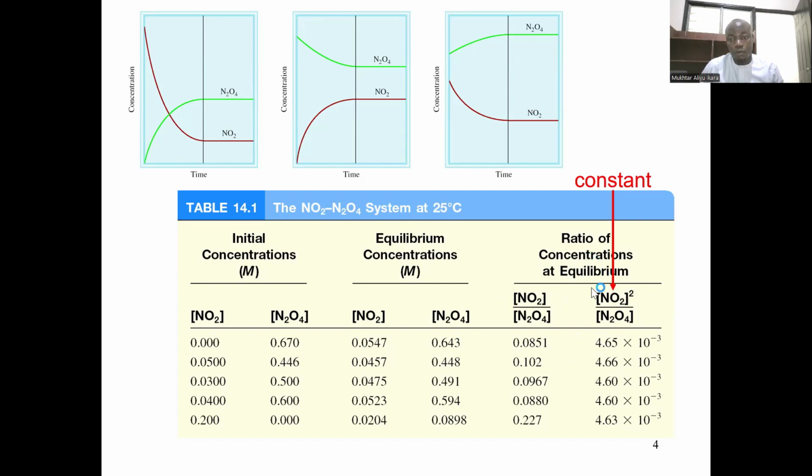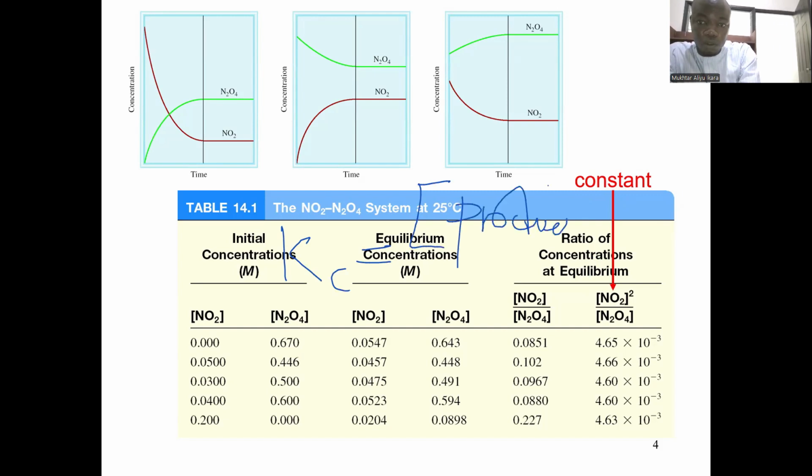The ratio of concentration at equilibrium is called the equilibrium constant. The equilibrium constant is always measured as the concentration of product divided by the concentration of reactant. We call it the equilibrium constant, Kc. To get Kc, you look at your reaction, take the concentration of the product, and divide it by the concentration of the reactant.